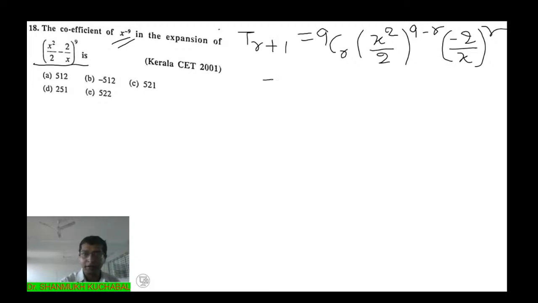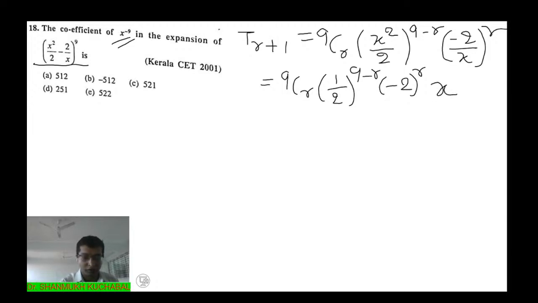Further, we separate the x terms, so we get 9C r, 1 by 2 raised to 9 minus r, minus 2 raised to r, and x raised to 18 minus 2r minus r.